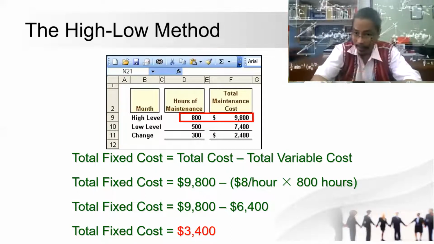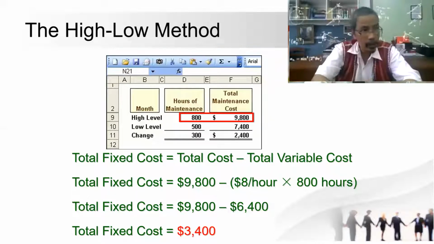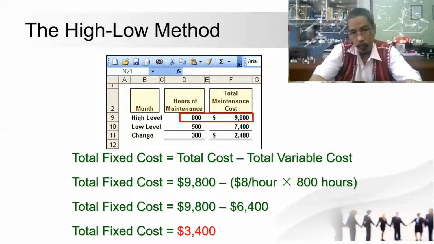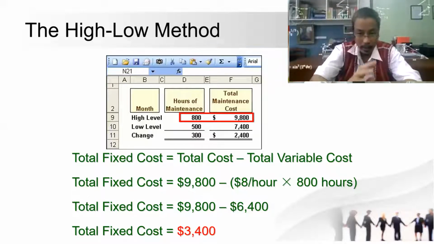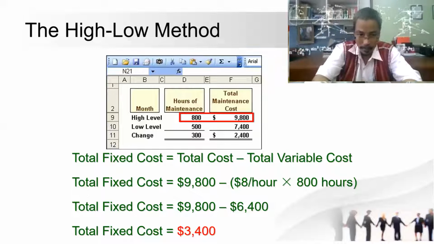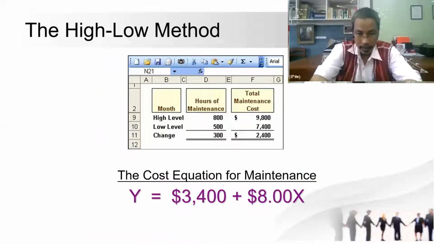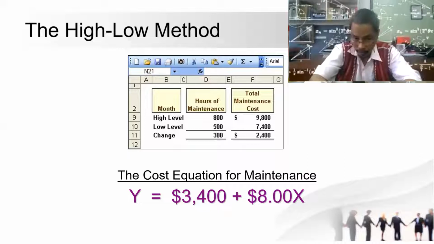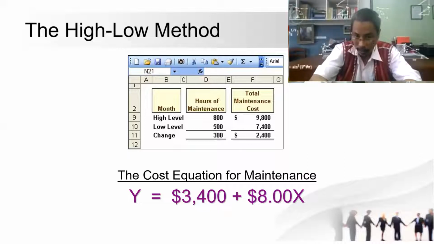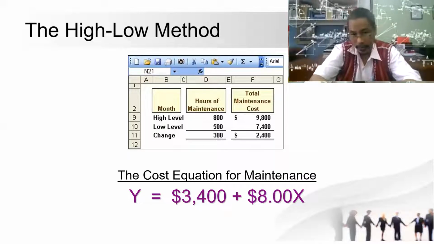That value would lead us to the y-intercept. So we have the y-intercept right now. With 3,400 as the y-intercept, we can substitute into the equation, which is y is equal to a plus bx.